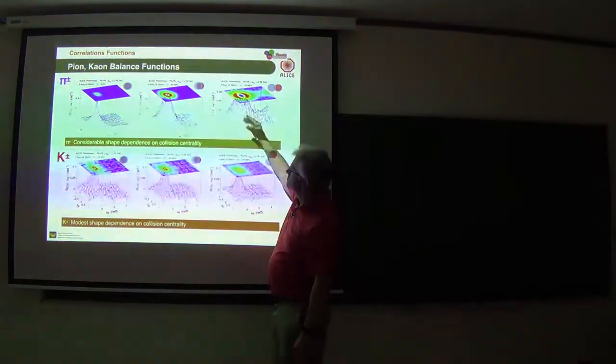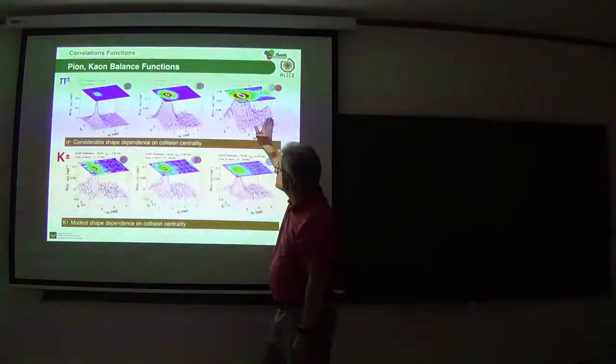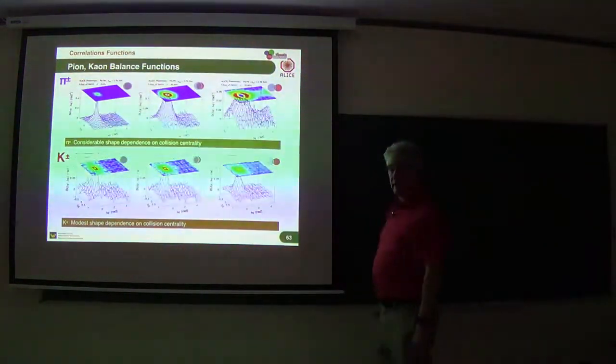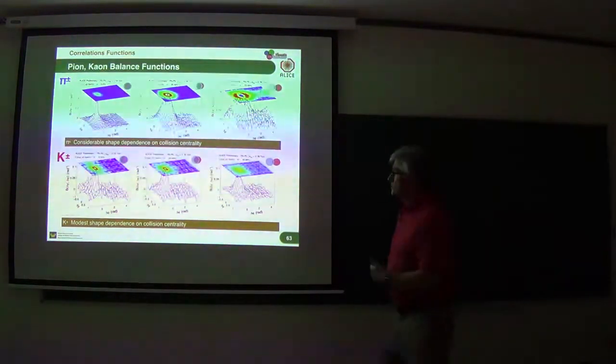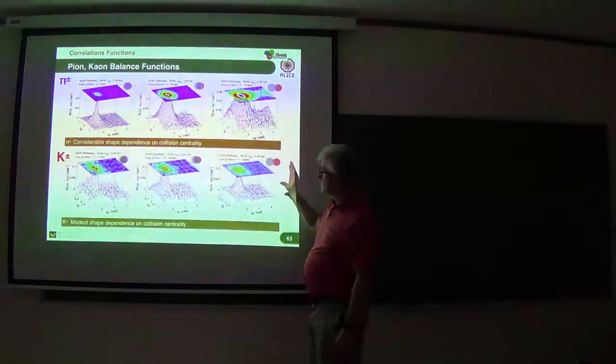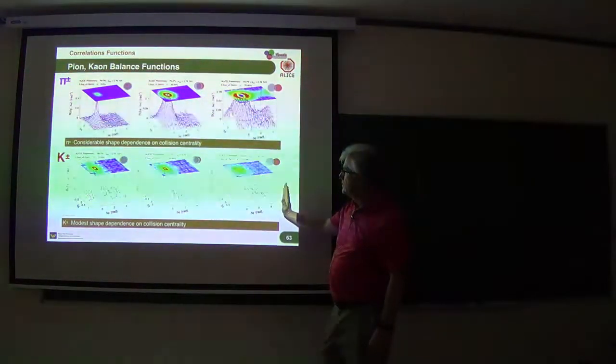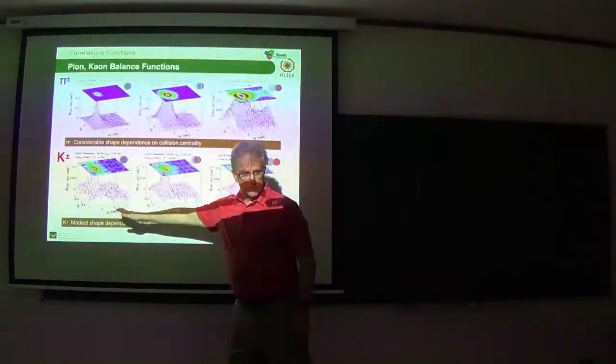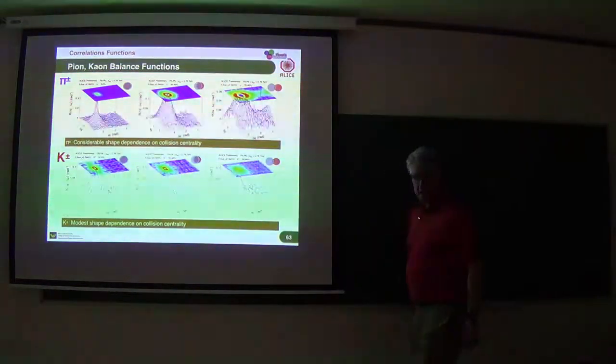Again, I've shown this already. You can see from peripheral on the right to central on the left that there's a narrowing of the pion balance function. What is now interesting is that in the case of the kaon, we have no evidence for a strong narrowing of the balance function.